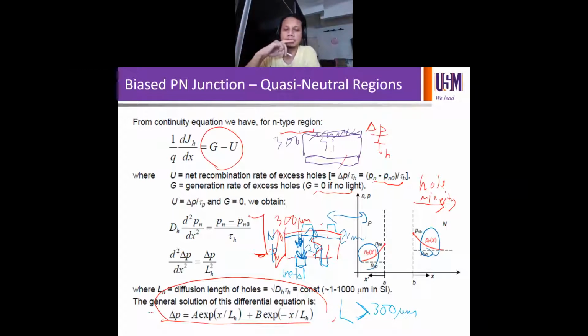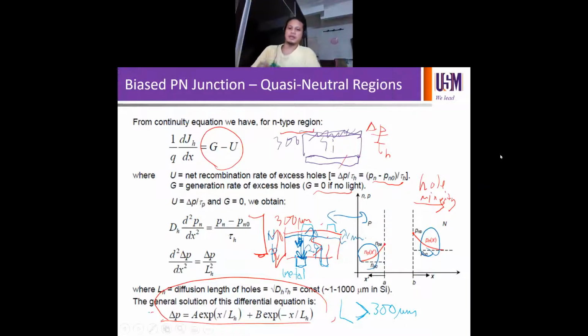Any ideas? I mean, we don't put the junction at the front, but we have a PN junction at the back of the silicon. Is it also possible? Any idea? Who's here?